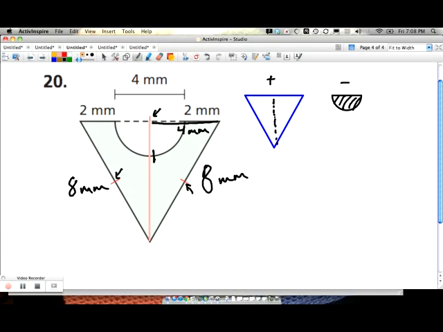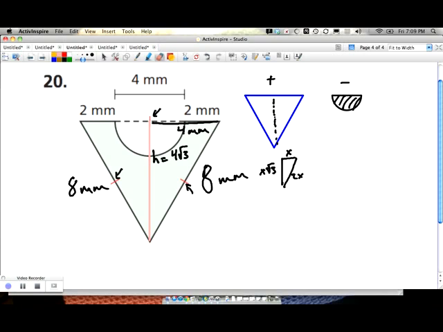Then the question is, what's the height of this triangle that we're looking at? Well, if it's a 30, 60, 90 triangle, it means we have x, 2x, and x root 3 on the long leg. That long leg is going to be 4, the short leg, times the square root of 3. 4 root 3.